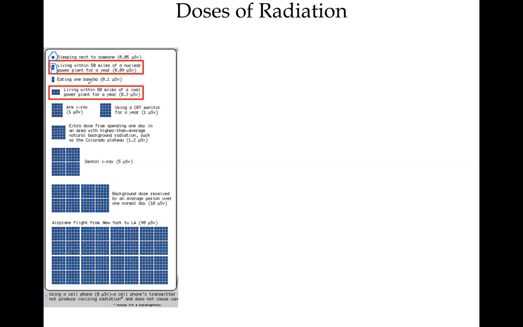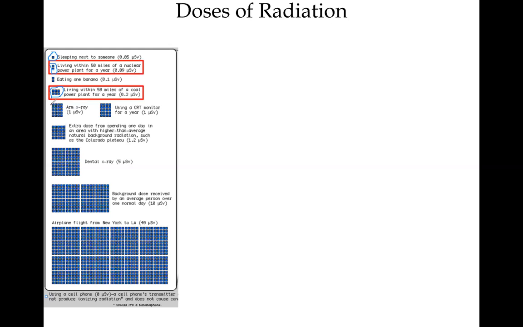And then if you live within 50 miles of a coal power plant for a year, you're going to get exposed to more radiation, 3 times the radiation, right? Than living that same time period, that same distance to a nuclear power plant. Go figure.